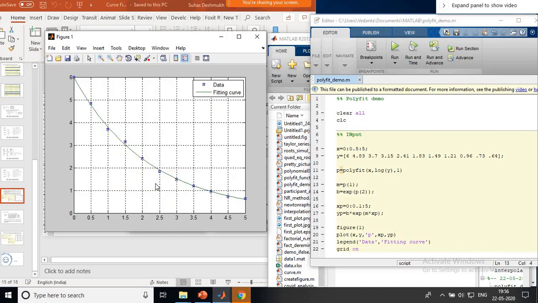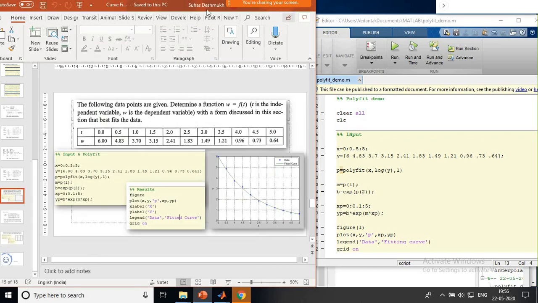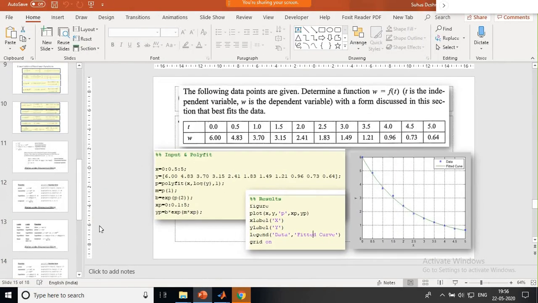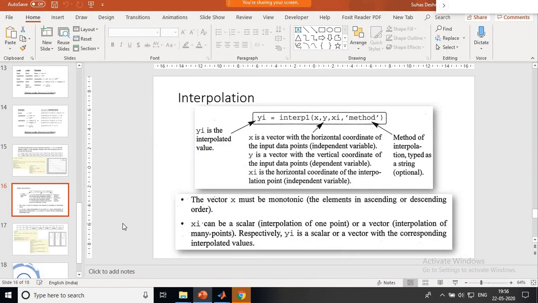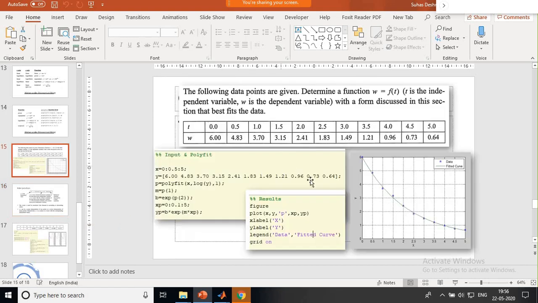So this is the way you can fit any exponential curve or any kind of nonlinear curve using this. Further, we can have an interpolation also. There is a very small difference between interpolation and curve fitting. In curve fitting, we ensure that your data is not all the time passing through the fitting line.